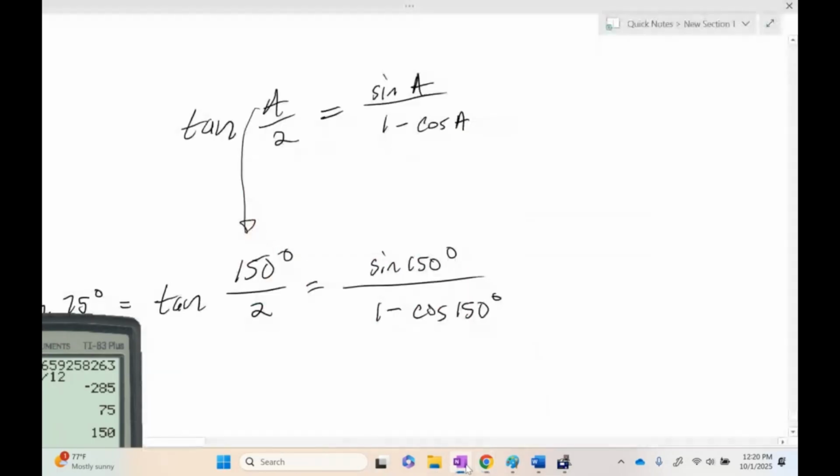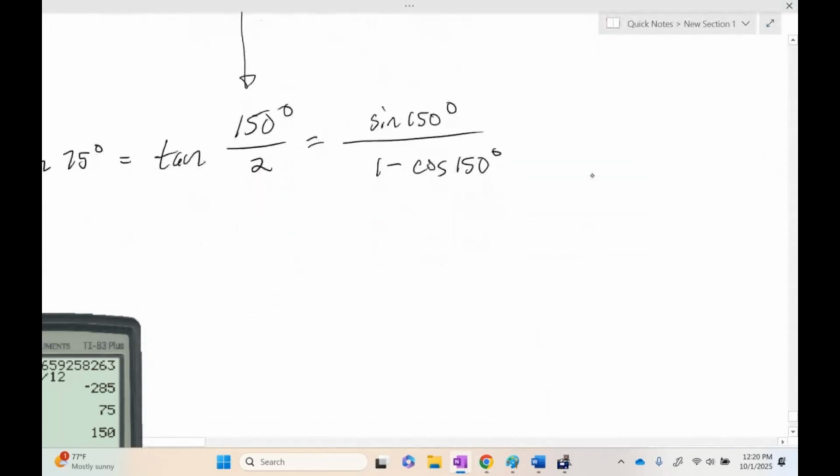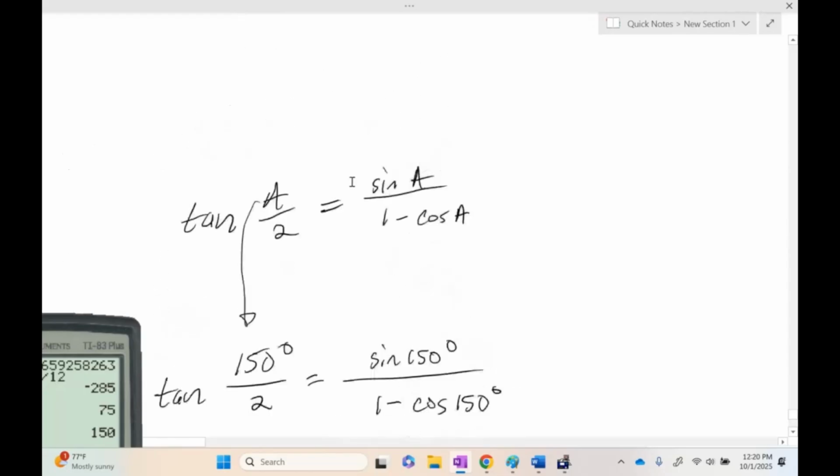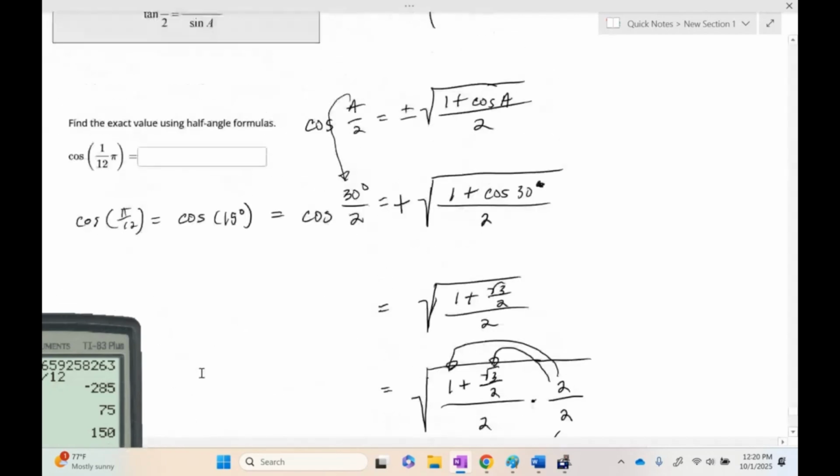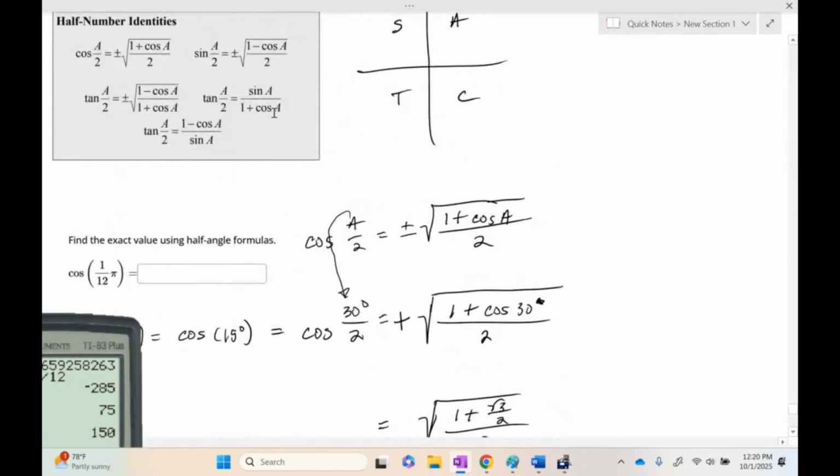So I'm going to substitute those values in. The sine is 1/2, and in the denominator we have 1 minus the cosine of 150 degrees. Is that a minus or a plus? It's 1 plus cosine A.